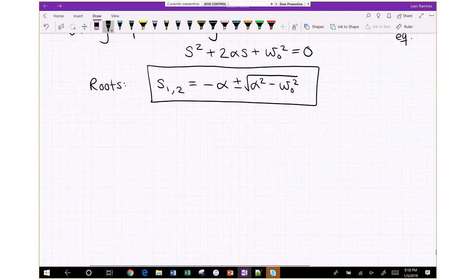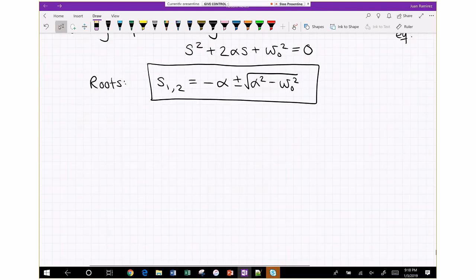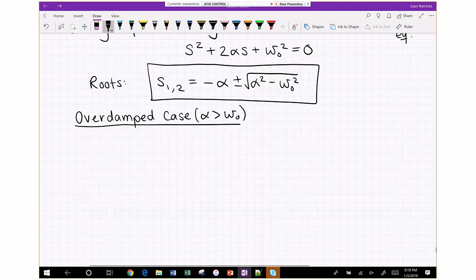So again, we have 3 different cases based on the damping factor and the natural frequency. And these different cases will give different responses. If the damping factor is greater than the natural frequency, you have an overdamped response. Roots are real, different, and negative.